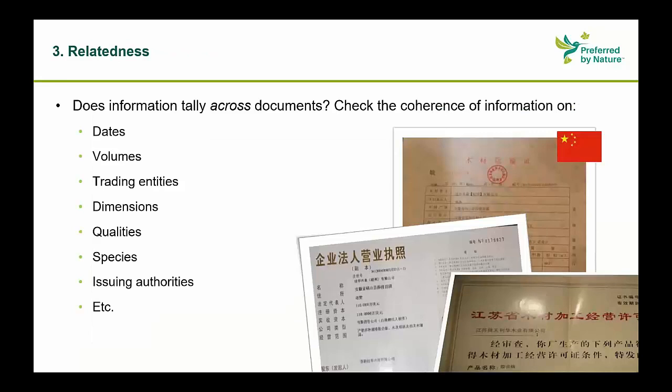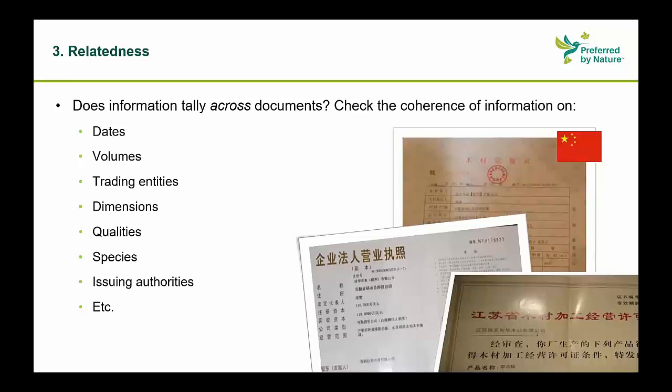Good. So yeah, proper level of trust and evidence, checking the validity of documents as much as possible. Checking the relatedness of documents is also very important when accessing information.